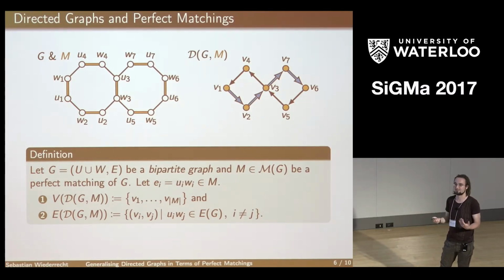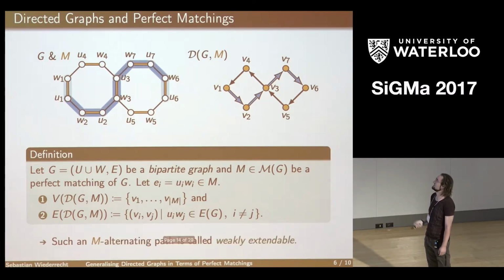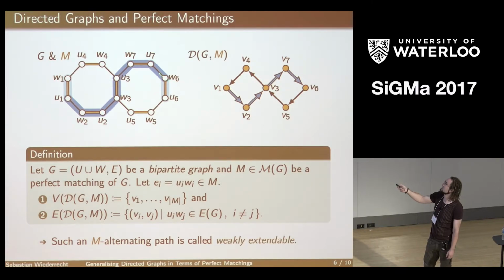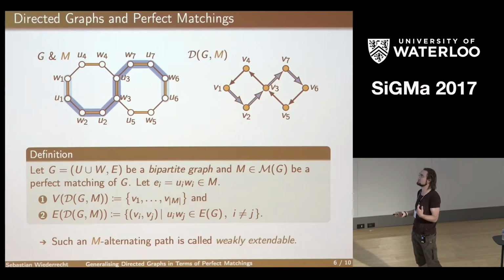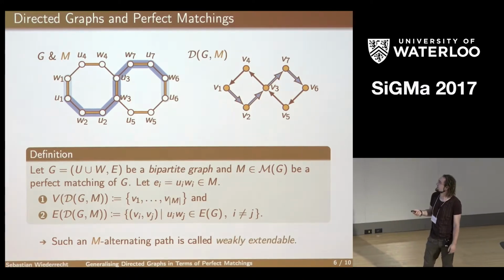So we're looking at alternating paths that start on an edge that is not part of the perfect matching and end on an edge that's not part of the perfect matching. So what we get is exactly this, an extension of an edge. We start at the vertex of U, end on the vertex of W, and in between every second edge is part of the perfect matching. And such a path, in general, not only in bipartite graphs, is called a weakly extendable path by us. It's just a technical term that we used during the research meetings.